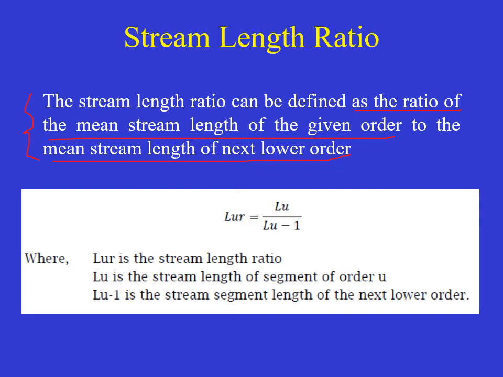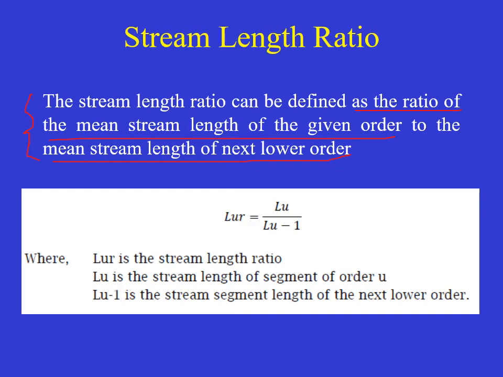That means either first and second order, or second and third order. You cannot measure the stream length ratio by comparing the first order with the third order stream length. So it is always first order with second order, second with third, third with fourth, fourth with fifth, and so on. Two successive stream orders are required to determine the stream length ratio.